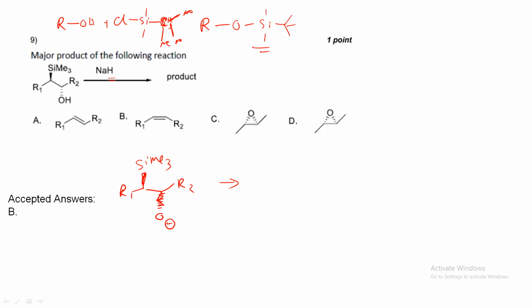This is the TBSCl reagent for the protection, and here the base imidazole can be used, and this can do the protection. Here you can see again one electronegative atom, which is chloride. Chloride is removed because the electronegativity of oxygen is very much higher. So this kind of thing is formed.